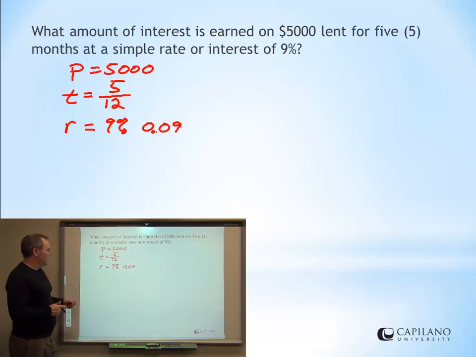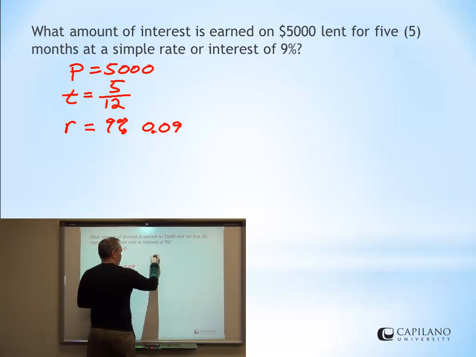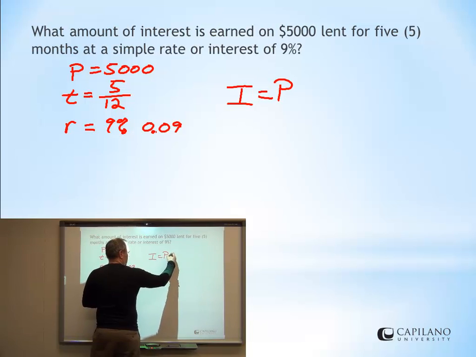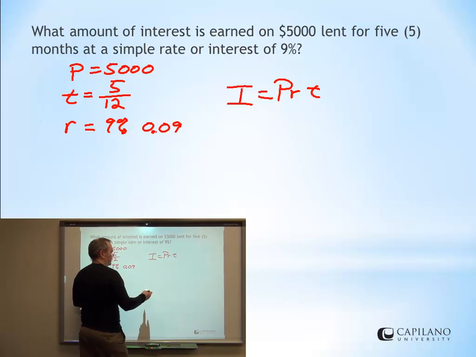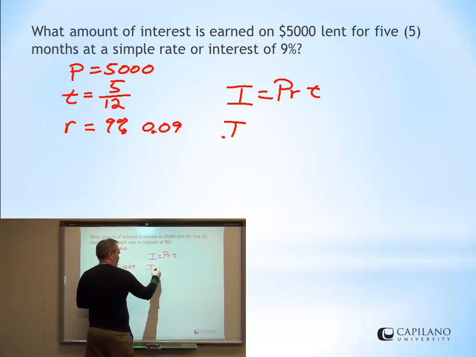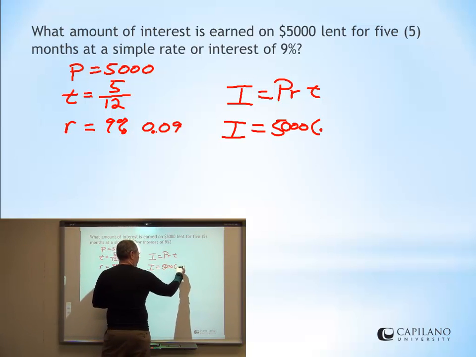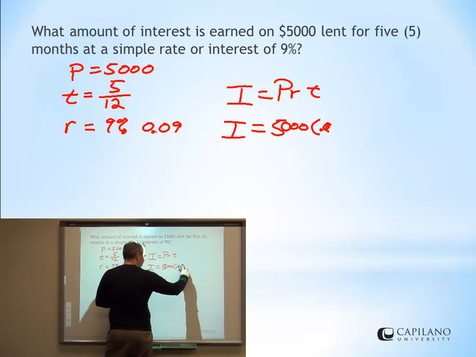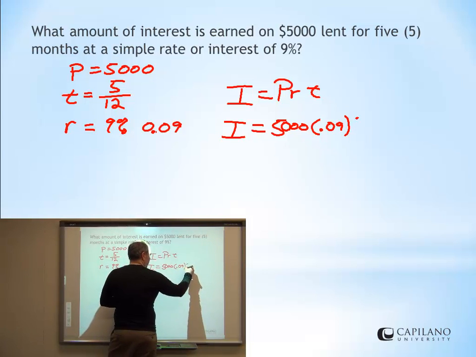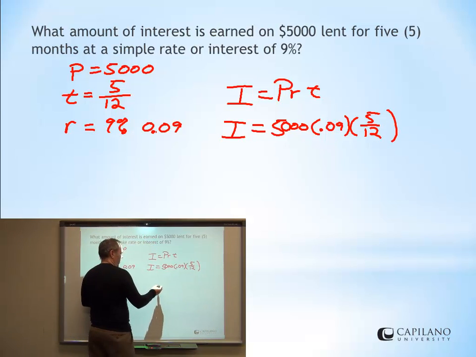So, calculate the amount of interest. I, the interest amount, is PRT. So the interest amount is $5,000 times 0.09 times 5 over 12.